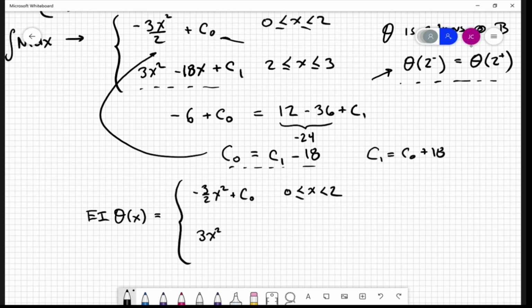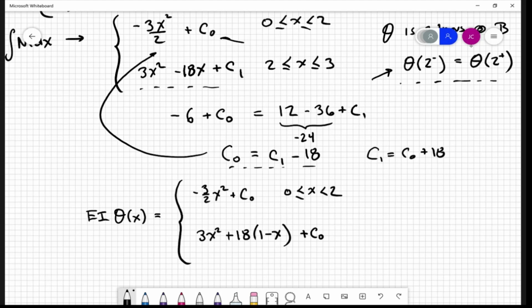So we can put in there minus 18 times (x minus 1), or maybe it's easier to do it this way, 1 minus x, plus C0, correct?